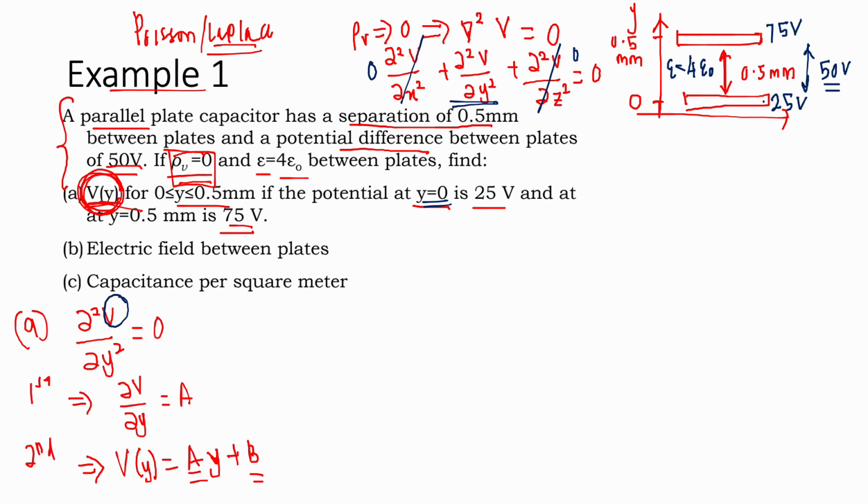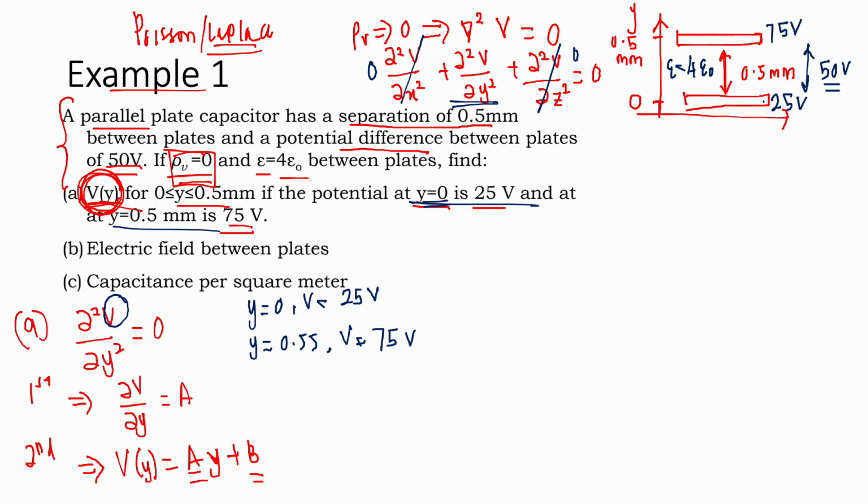Now, based on the equation and this information, we are able to find A and B. At y equals 0, the value of V is 25, and when y equals 0.5 mm, the value of V is 75. We need to do it the mathematical way.